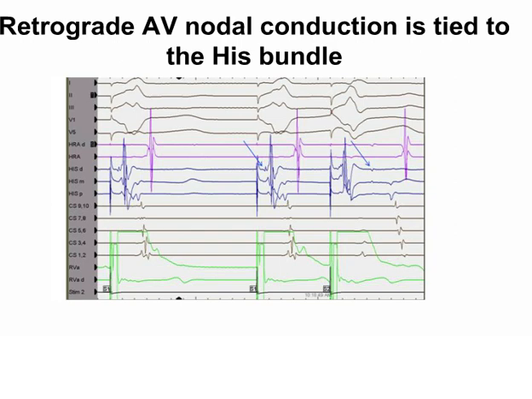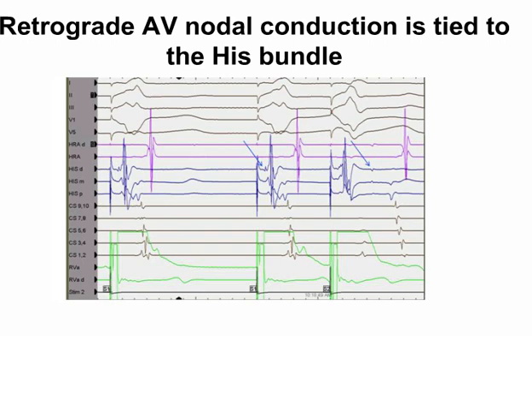However, when you bring in a premature, you may block in the right bundle. It has to go transseptal, up the left bundle, and then get to the His retrograde. So it takes a much longer time, and that's why the H pops so far out. But when you see the His and the A go together, then you know it's AV nodal conduction.